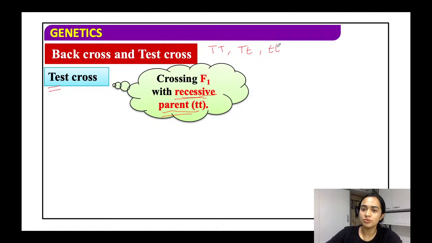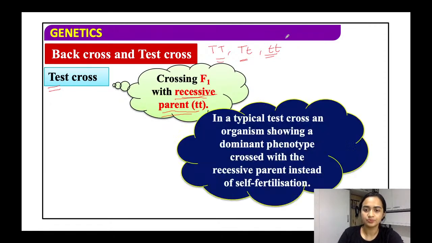These are the three probabilities which we can have. So when the genotype is unknown, basically we will cross it with the recessive parent to know the genotype. Clear?